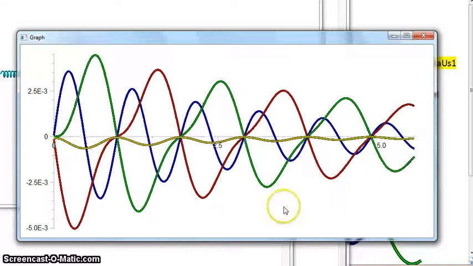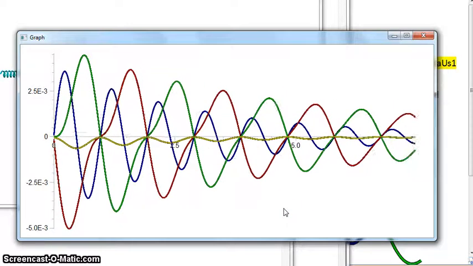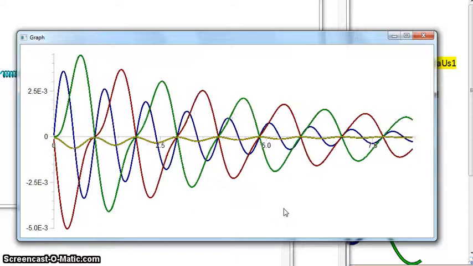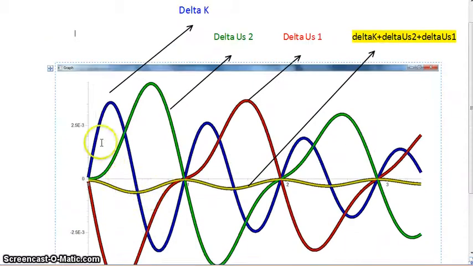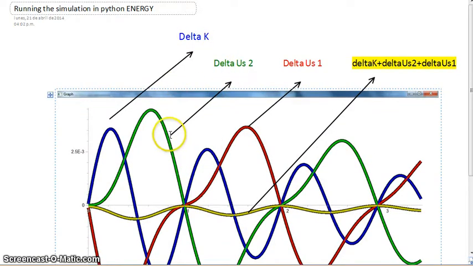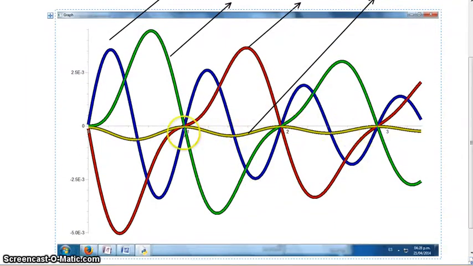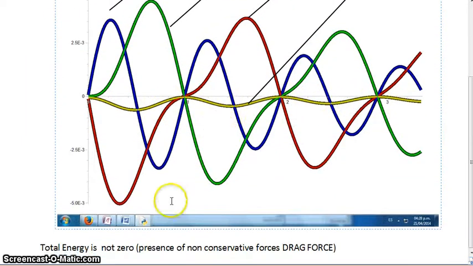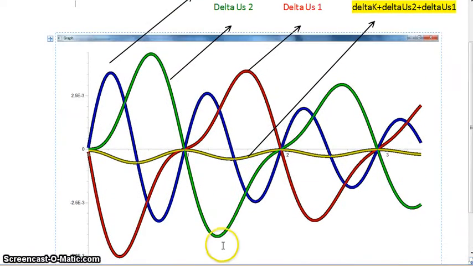We have the presence of something different, like a non-conservative force. The delta kinetic energy is the blue line. The delta potential spring energy 2 is the green line, and the red line is another result. The total energy is yellow, never zero, because we have the presence of a non-conservative force like the drag force.